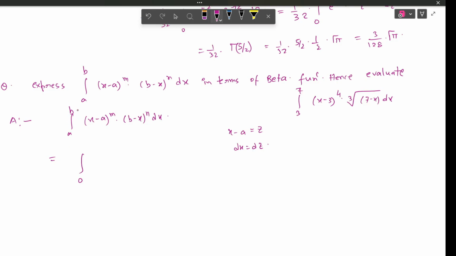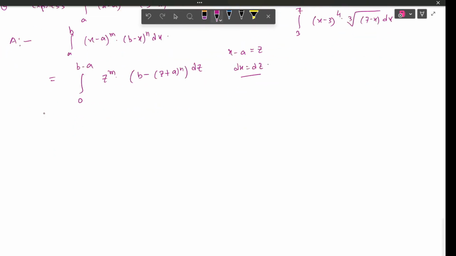If you put b in place of x, then z will be b minus a, so our limit is 0 to b minus a. X minus a is z, so this should be z to the power m, and b minus x is b minus a minus z, so this is (b minus a minus z) to the power n into dz. Dx is dz.